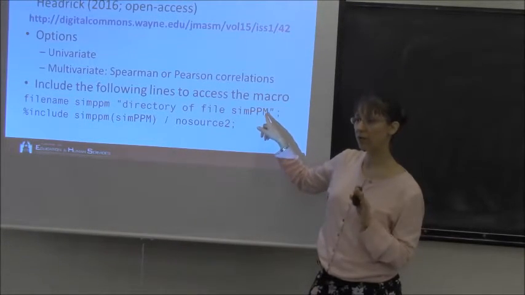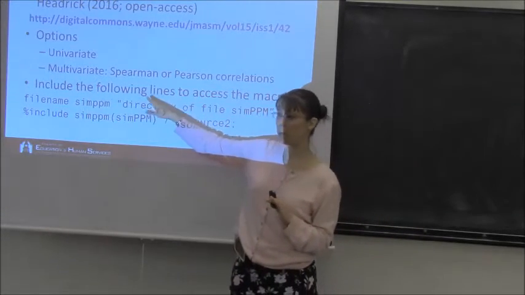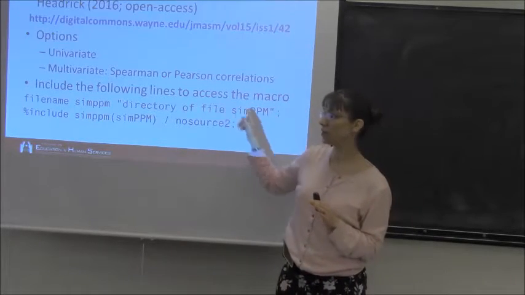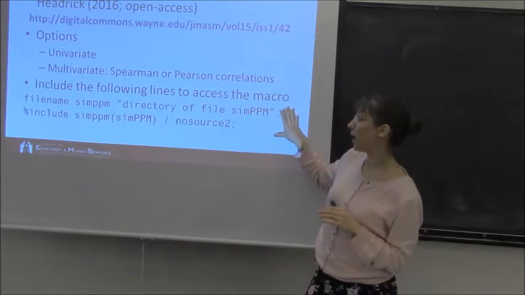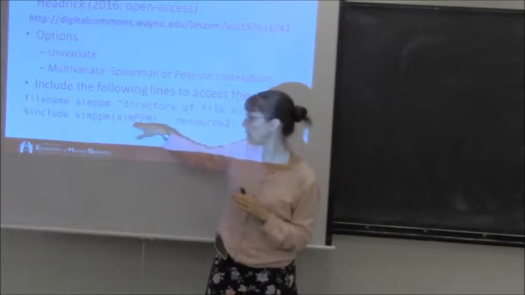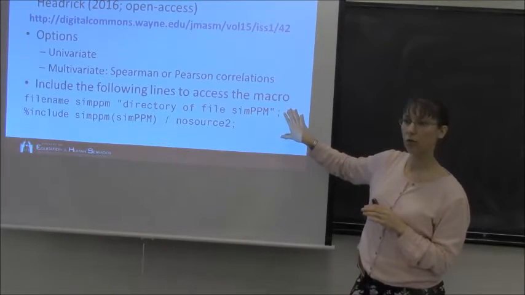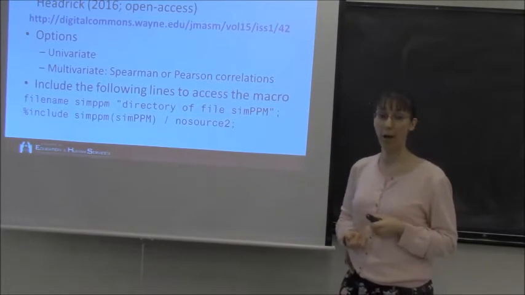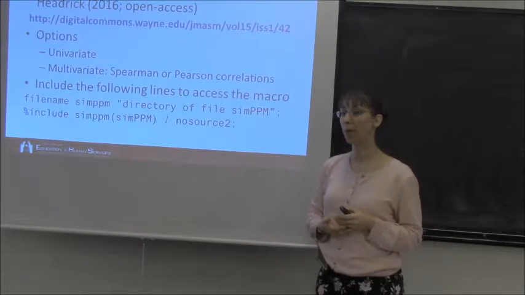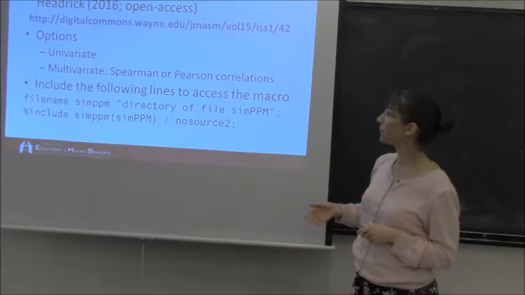So if I put it in the SAS folder on my C drive, I'll put C:/SAS and then that's it. That's inside the quotation marks, and everything else here stays the same because the file name is already here. Everything stays the same here, and so you just submit these 2 lines. Now SAS knows where that macro is, and so when you want to invoke that macro, it knows where to go to find the code.